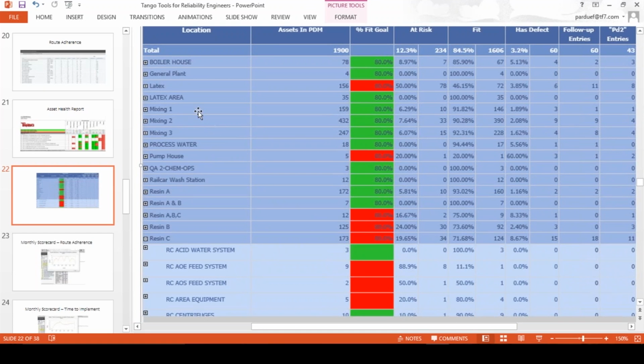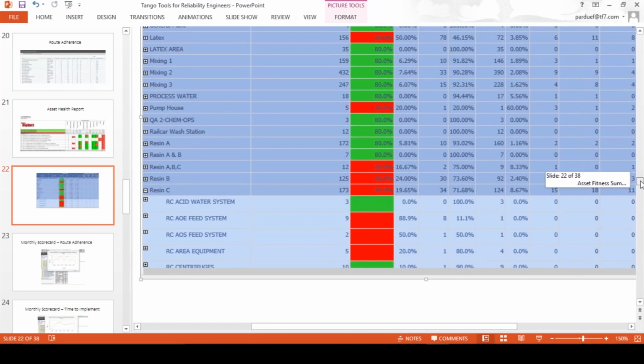If I drill into residency, I've got the assets. If I drill into an asset, I should be able to go to the components. Residency is one of the units of the plant. These are my assets, and this is telling me how many are in that area.